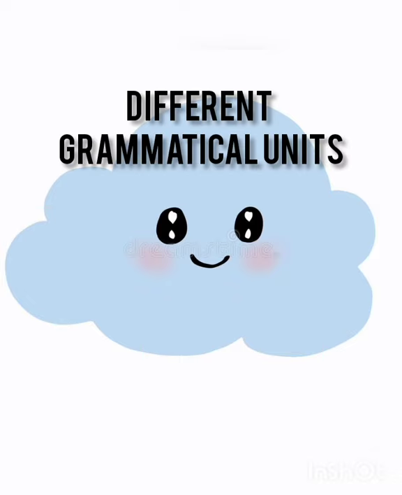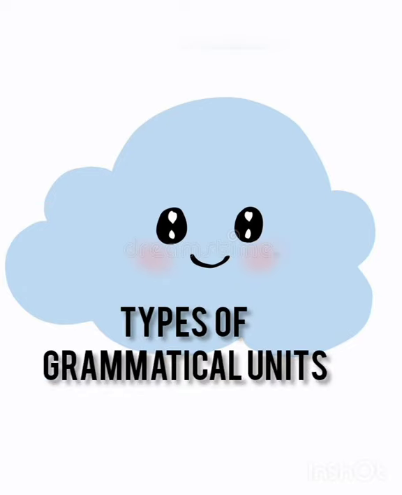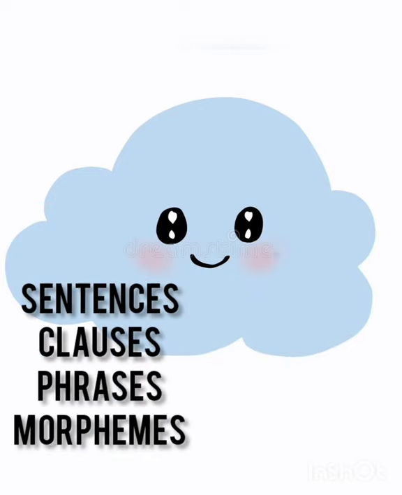In grammar, we need to identify the different grammatical units. They are meaningful elements which combine with each other in a structured pattern. Essentially, grammar is the system which organizes and controls these meaning relationships. The types of grammatical units can be graded according to size of unit. They are sentences, clauses, phrases, words, and morphemes.